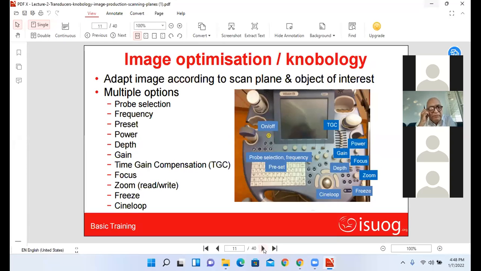So everybody is familiar with this console, I don't think it is something new, but at least we will go through the functionality of these things. Especially I will tell you about 2-3 things. One is this TGC, time gain compensation, how to set TGC, the power. Power is very important because mechanical index and thermal index are dependent on power.